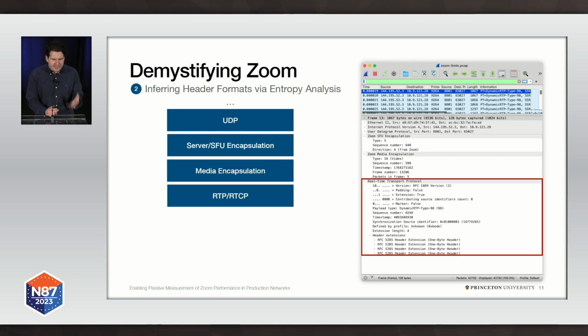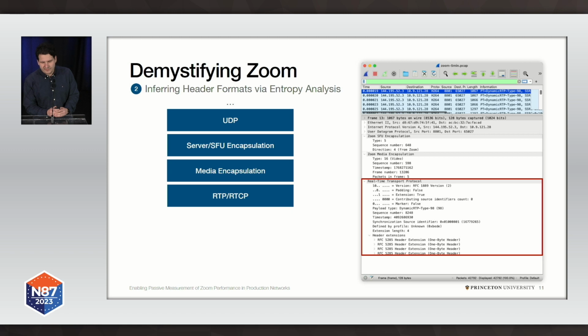And then after that, at different offsets from this media encapsulation header, depending on the media type, we do see an almost standard RTP, real-time transport protocol header, using also a synchronization source identifier, at least unique within a meeting, and also using a set of RTP header extensions.